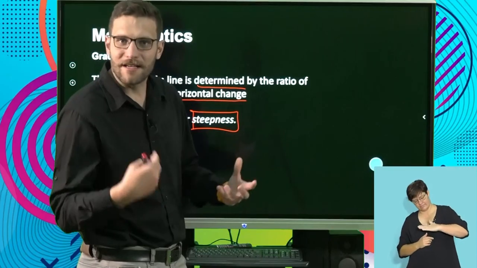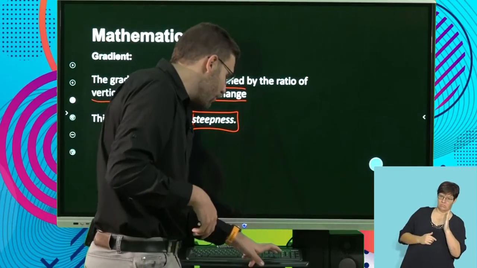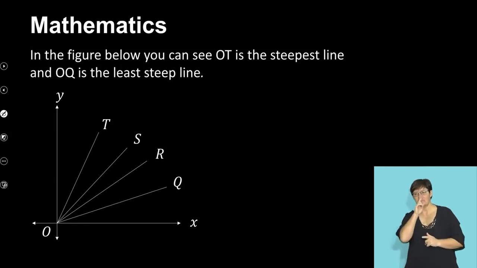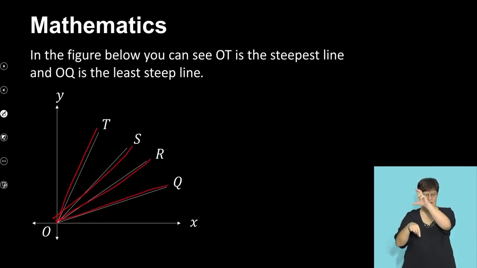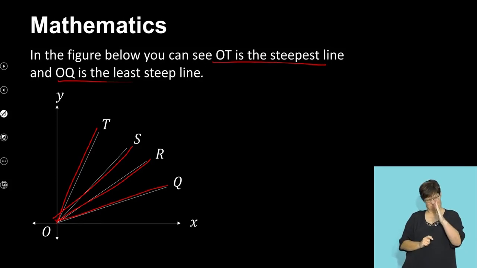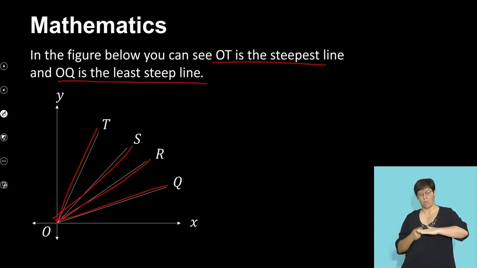How flat is a line? If we look at this next slide and the image on it, we can see I've got 4 lines: OT, OS, OR, and OQ. And here we can clearly see that OT is the steepest line and OQ is the least steep line.